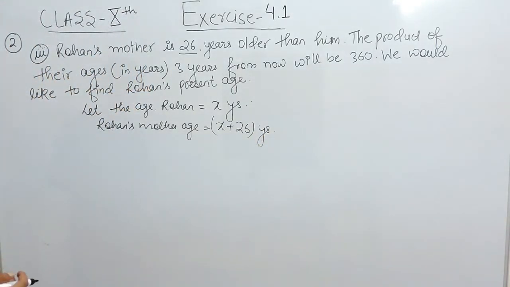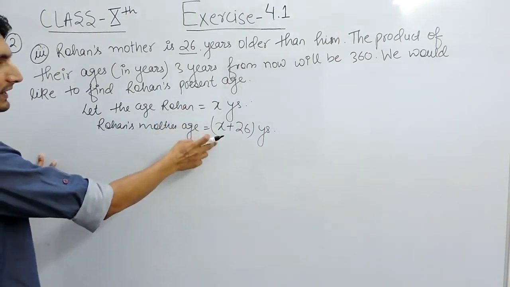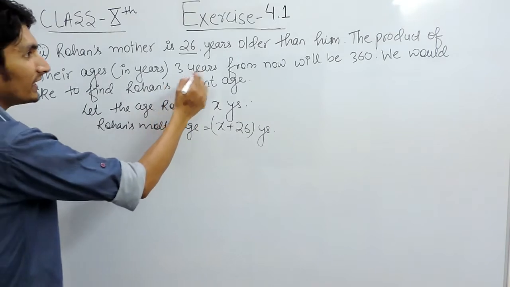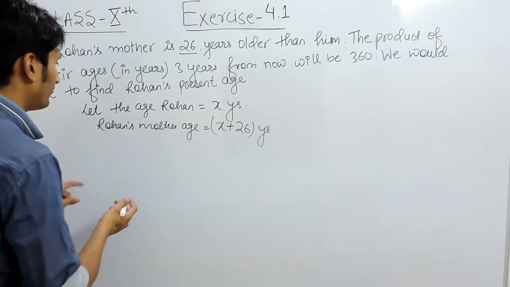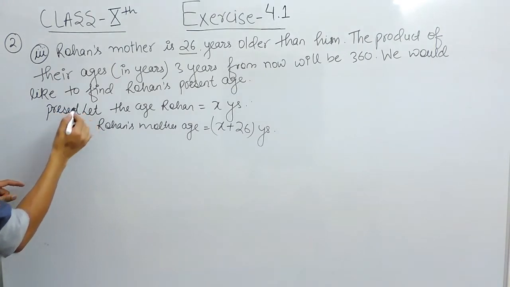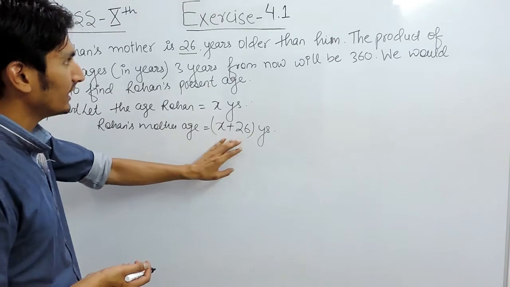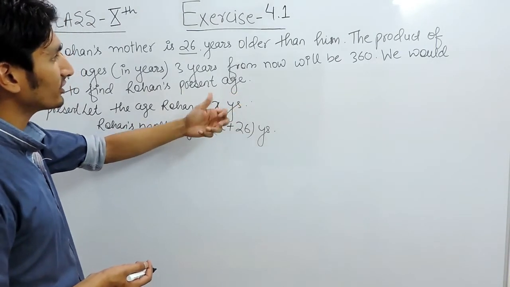And from the second part it is given that the product of their ages, meaning the multiplication of their ages, 3 years from now. We have supposed the present age of Rohan as x years and Rohan's mother's age as x plus 26. You have to find the product after 3 years.